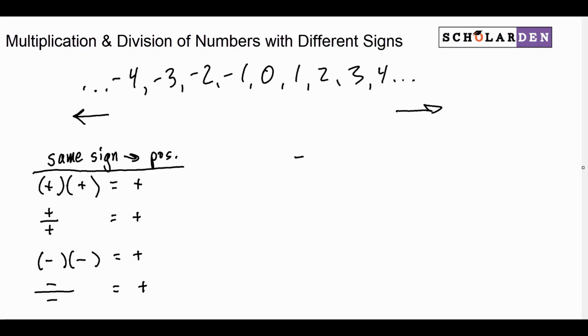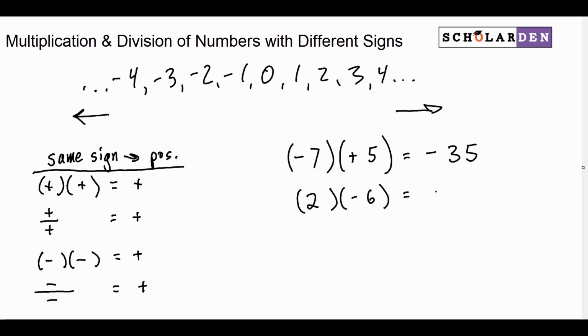So for instance, a -7 times a positive 5 is a -35. Different signs. And of course, it doesn't matter what order. I could do the positive first, like a positive 2 times a -6, and I'd get a -12. Same with dividing.